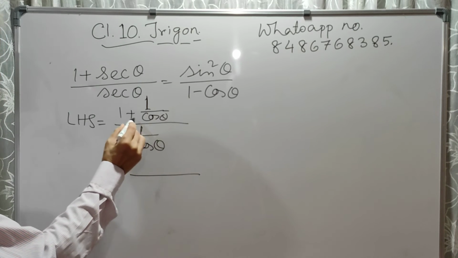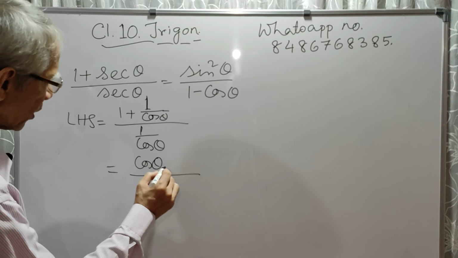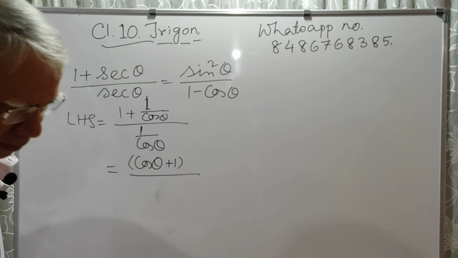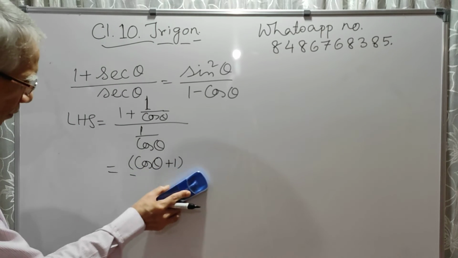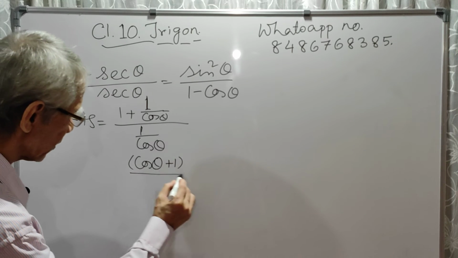Now the LCM is cos theta. So the numerator will be cos theta plus 1, by cos theta, divided by the denominator, which is 1 by cos theta.